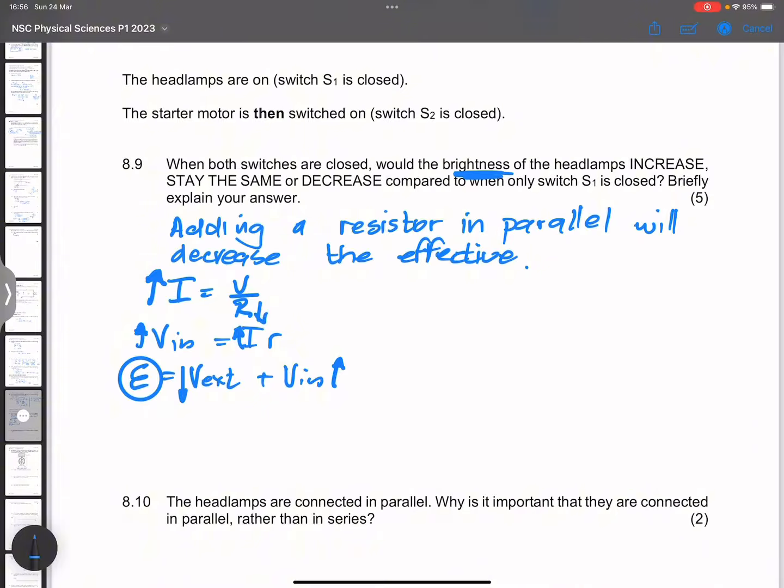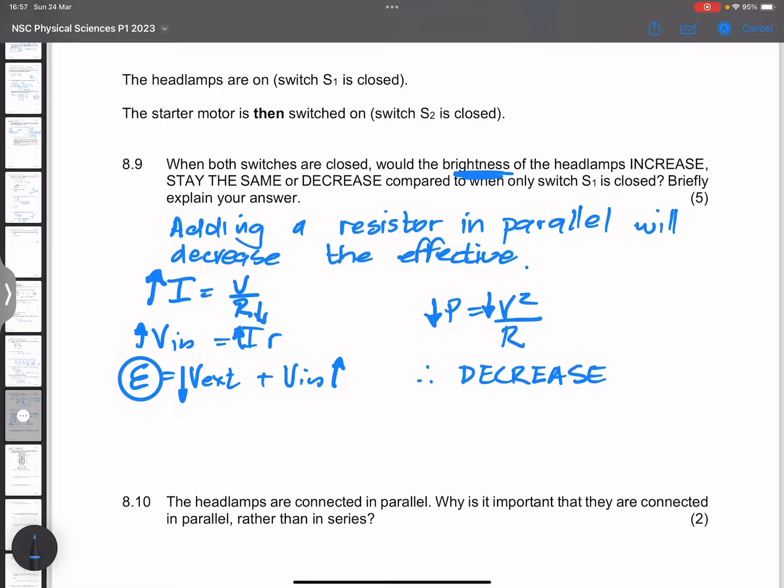Now you think about, in this case, what causes brightness? That's going to be V squared divided by R, right? So now that I've decreased the voltage across the bulbs, what will happen in this case? It means the power will decrease, and as a result, the brightness will actually decrease. Now, ladies and gents, please find a way to express that, because it is quite important to know the sequence, right?